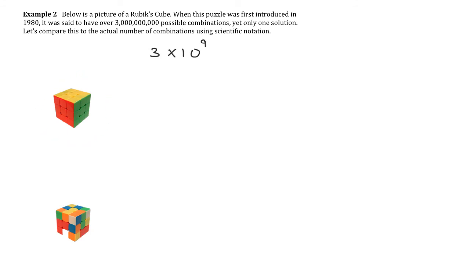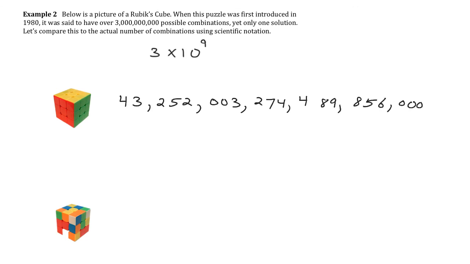So the actual number of ways to scramble a Rubik's Cube is the following. It's 43 quintillion, 252 quadrillion, 3,274,000,000,000, 489,856,000. Like that's the actual number of ways you can scramble a Rubik's Cube.